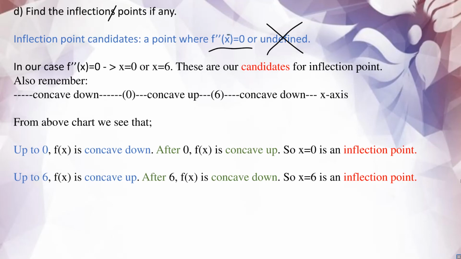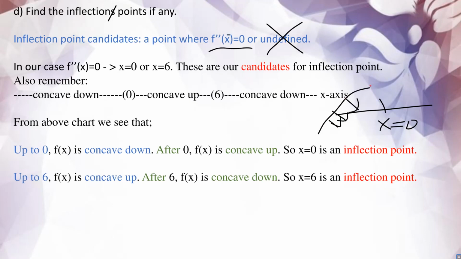So now, let's check. Slow down. Up to 0, the function is concave down. After 0, it is concave up. So 0 is an inflection point because the function gets inflected there. There is 0. Up to 0, it is concave down, so it's looking downwards.